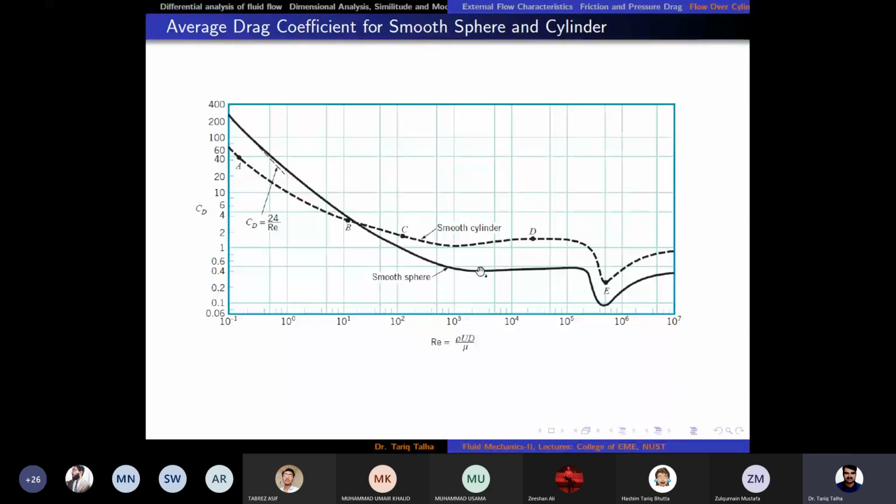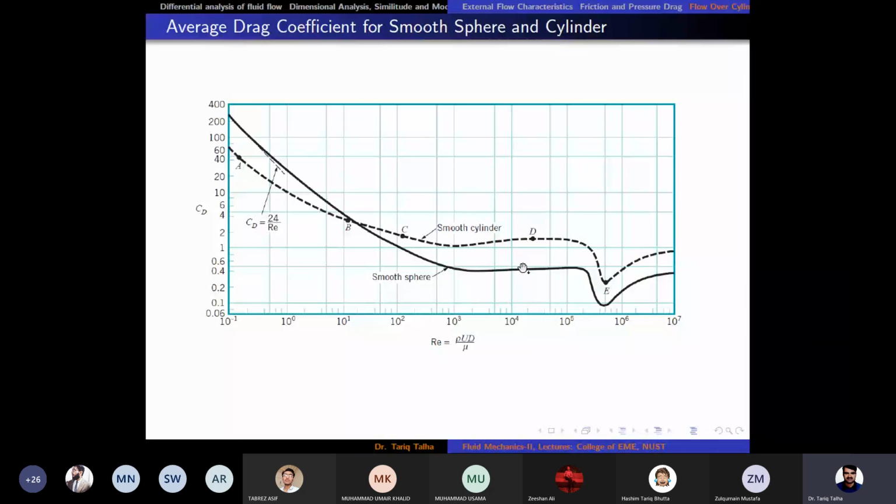In the portion of 1,000 to 1 lakh, for both the cases, CD doesn't change very much. In this portion, the CD value is no more dependent upon Reynolds number.